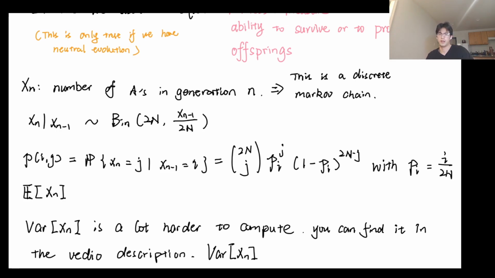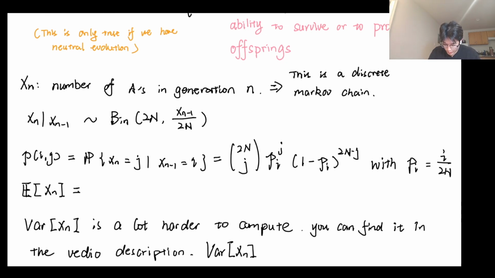Then we have built this model, and what is the expectation of xn? What is the expectation of the number of A's in generation n? Let's just write it down. It's actually pretty easy. Since we know that xn given xn minus 1 is a binomial distribution, we can use conditional expectation.